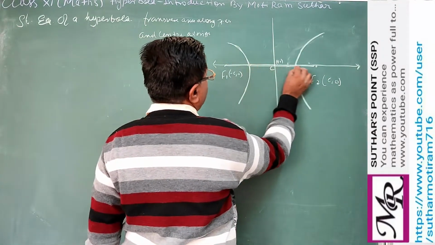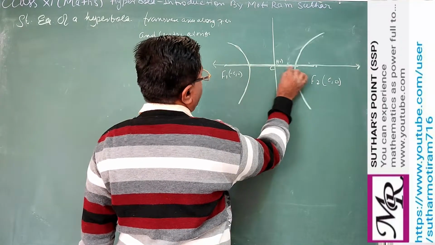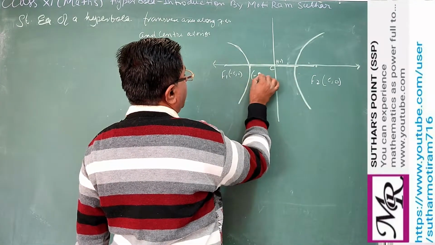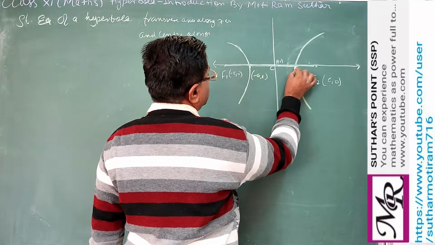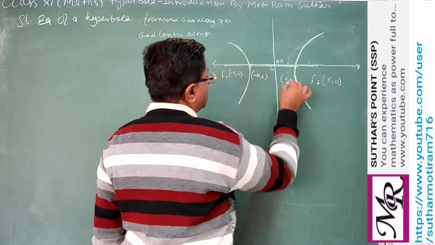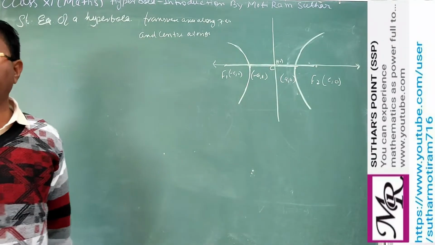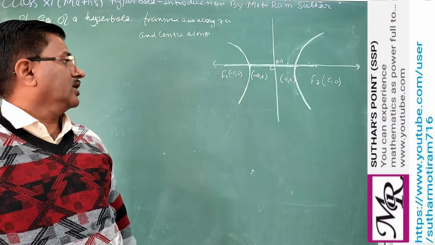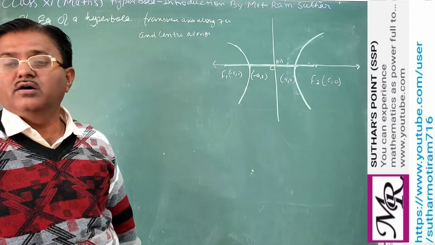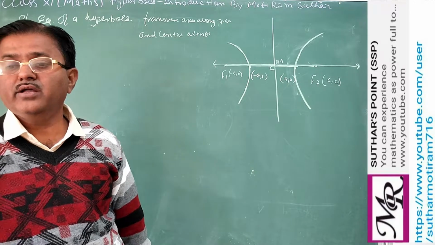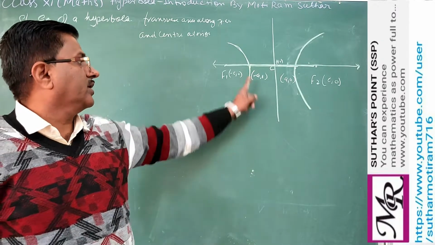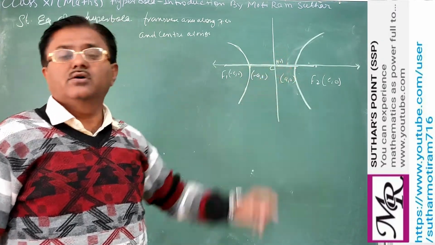This is total 2a, so it is a and it is a, so the vertex on this side will be (minus a,0) and the vertex on this side will be (plus a,0). So dear students, in this way we get the coordinates of the foci and the vertices of a hyperbola.